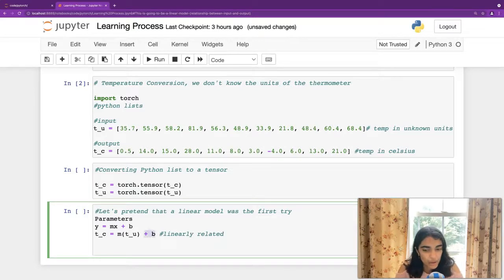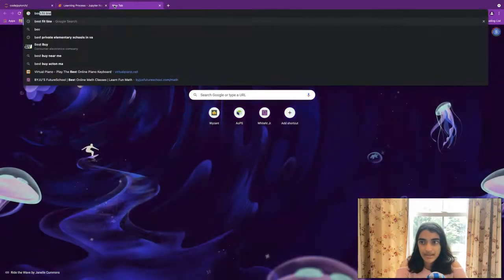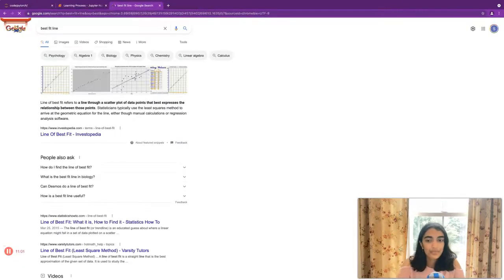So you're going to have multiple equations, and things are going to get more complicated, but let's just stick with the one simple y equals mx plus b. Hopefully you're familiar with that. If you're not, I would recommend reading more about it. It's quite simple, and we can actually go through the process now if we wanted to. So the best fit line.